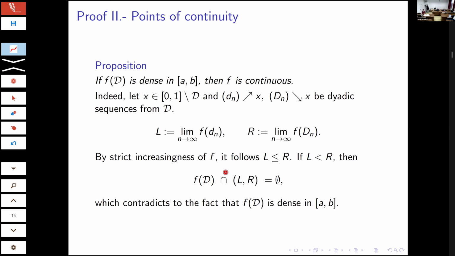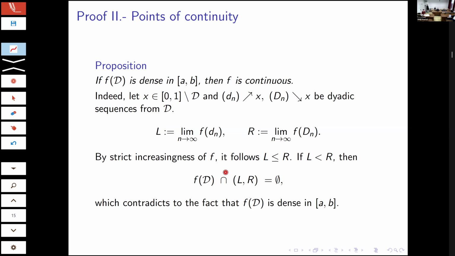Well, it is really a standard trick, and we use it many times. So I just write down the proof shortly. Let x be a point which is not a dyadic number. Then we have two dyadic sequences, one from above, one from below, which tend to x, and we take the limit of the images, L and R, left and right.